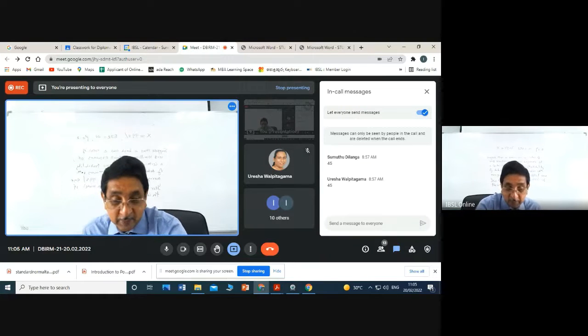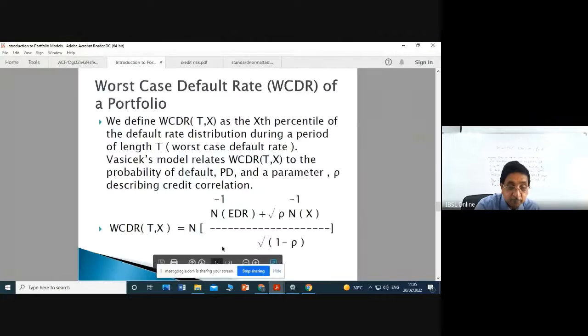Then go to the formula. Square root of rho into N inverse 99.5 divided by square root of 1 minus 0.2. It is as simple as that.